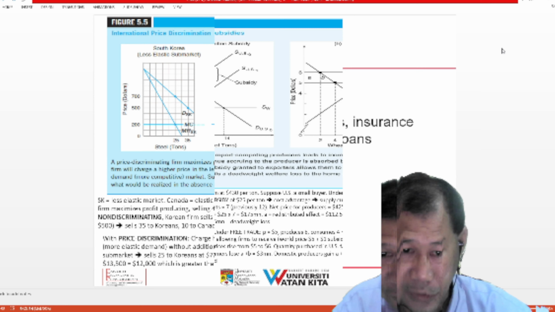Total profit, you calculate this plus this, minus the total cost of 13,500, the same total cost, gives the Korean company 12,000 profit, which is bigger than the 9,000 in the non-discriminating case. Now with price discrimination, there are more profits.